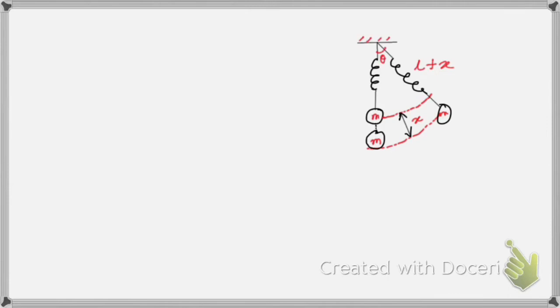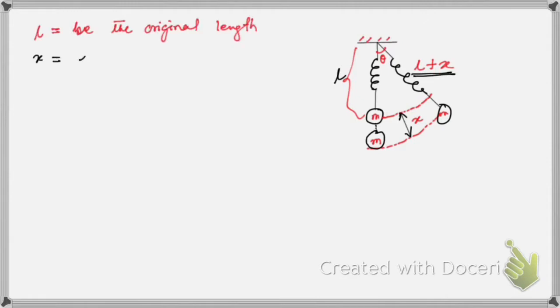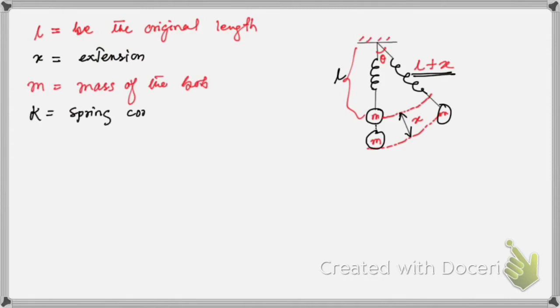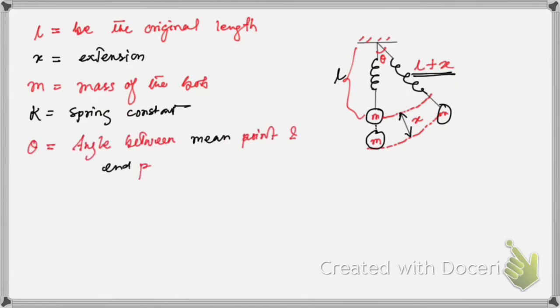So let me write here: L is the original length, X is the extension, M is the mass of the bob, K is the spring constant, and theta is the angle between the mean position and the end point. Hope you have understood this.